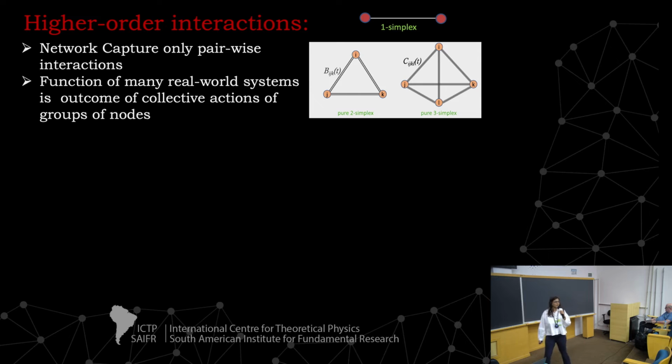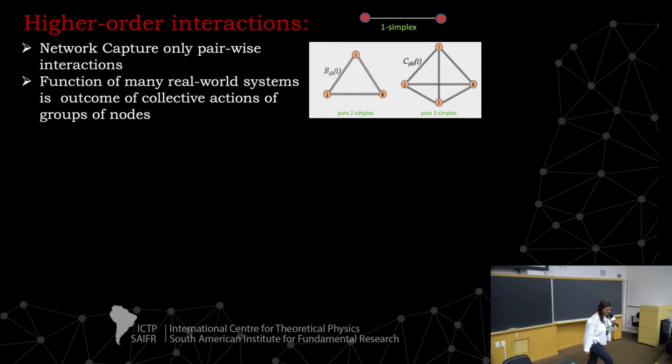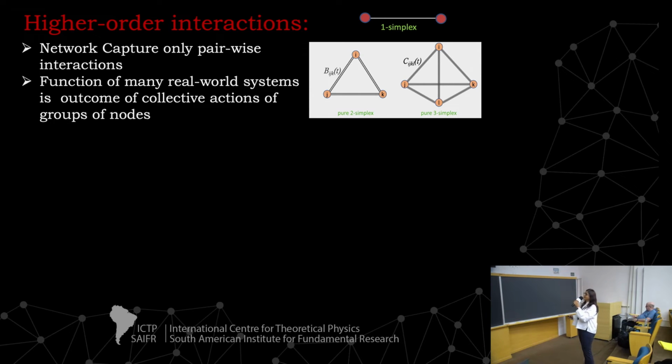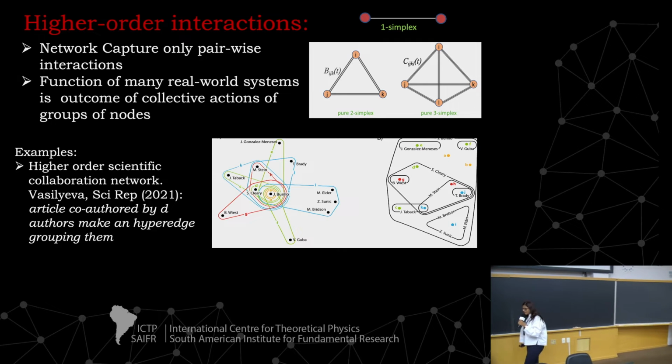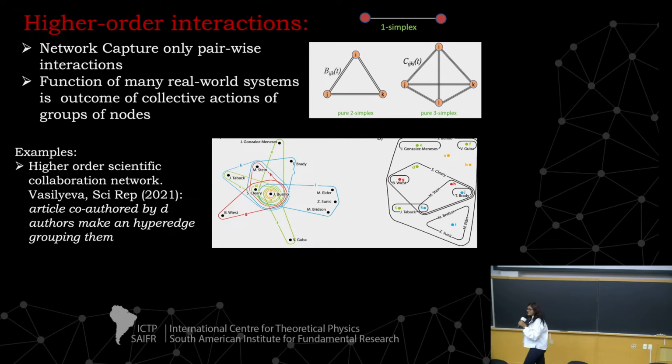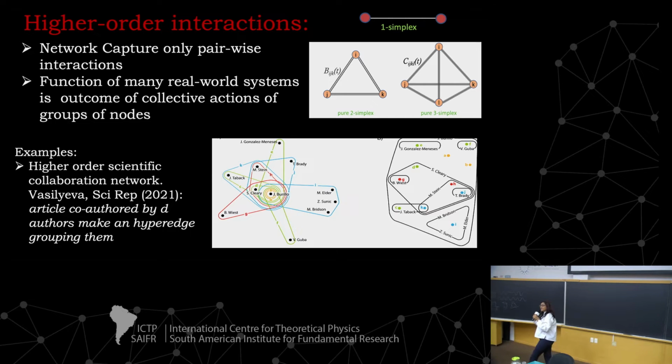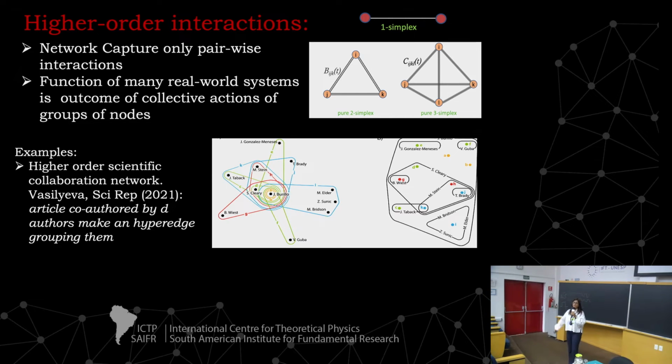Networks or graphs capture only pairwise interactions, whereas the functions of many real-world systems, and I'll take one example to demonstrate this, have been realized in recent years to be governed by something which is beyond pairwise interactions.